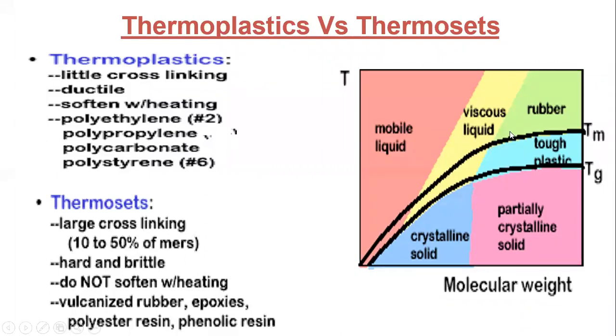Above the degradation temperature curve, mobile liquid, viscous liquid, and rubber are formed. So these are the different types of phases while using the temperature and molecular weight.